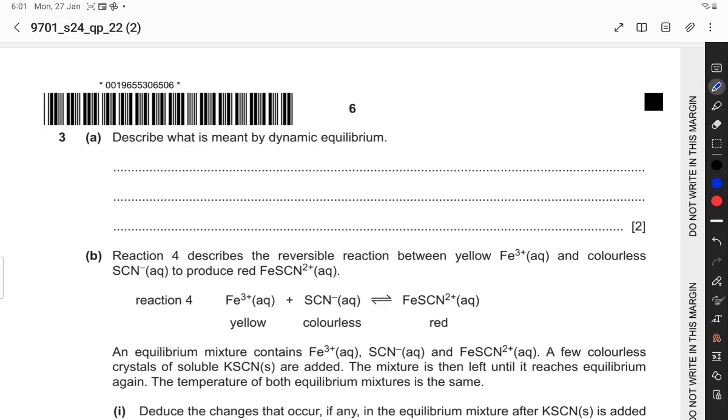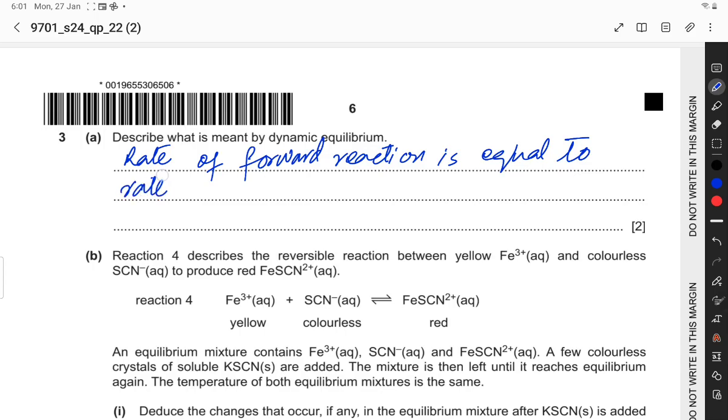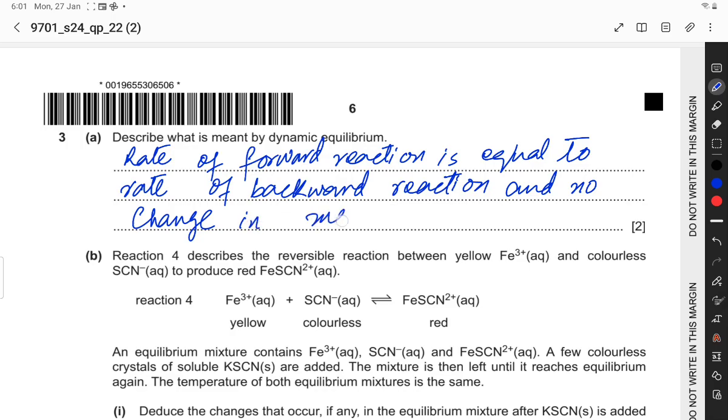Dynamic equilibrium is the stage in a reversible reaction in which the rate of forward reaction is equal to the rate of backward reaction, and there is no change in measurable concentration.